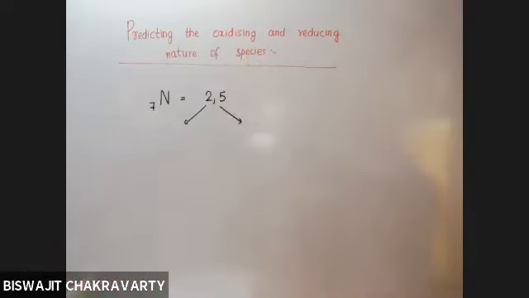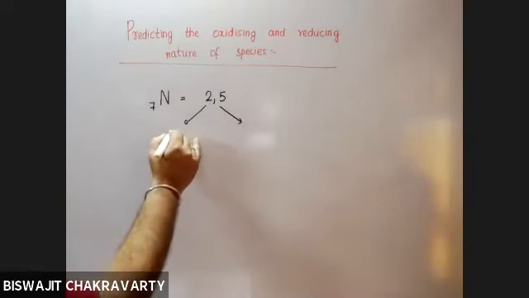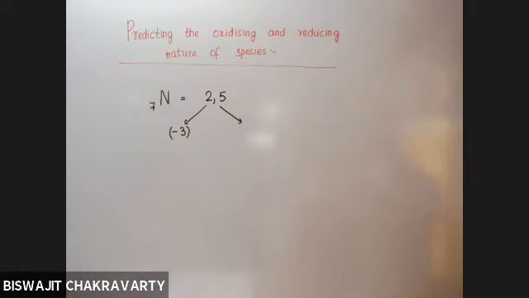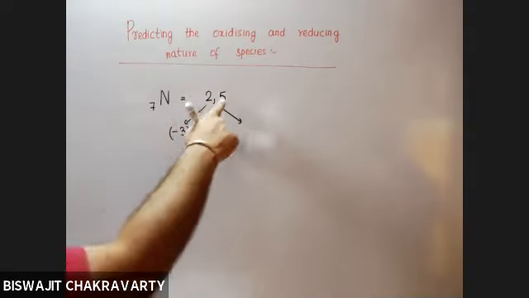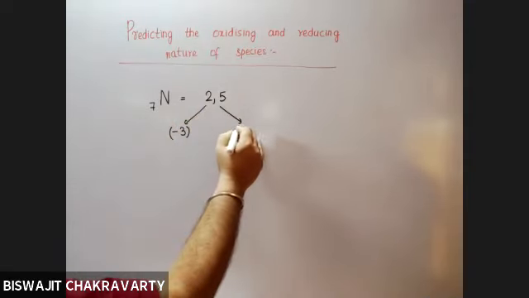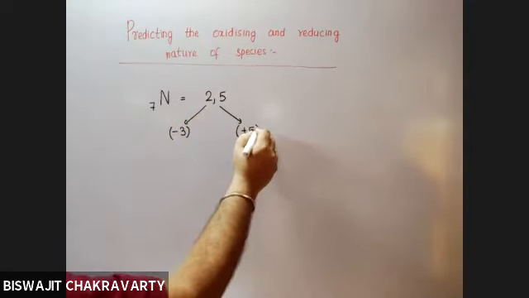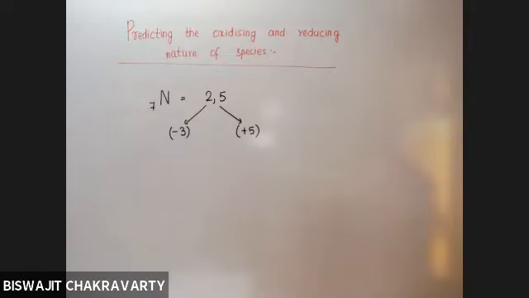Either it can gain 3 electrons to become 2,8, and gaining 3 electrons means it will have the tendency of developing a -3 charge, or it can lose 5 electrons so that it becomes 2, and losing 5 electrons means it can develop +5. Is it understood or not? Just see.